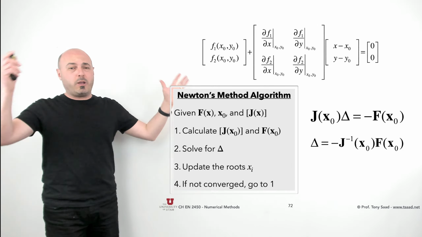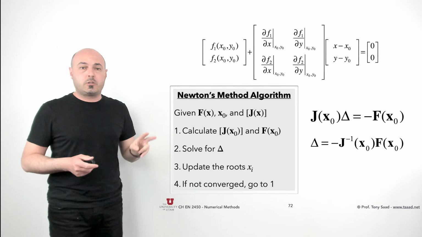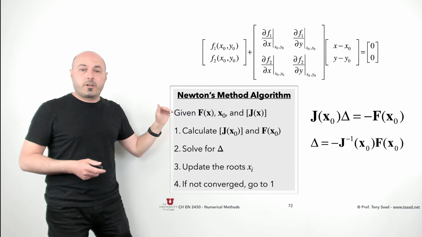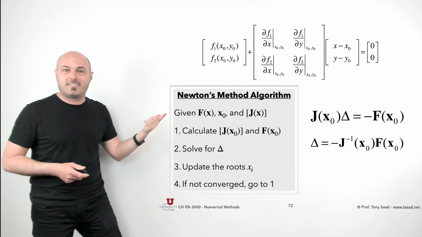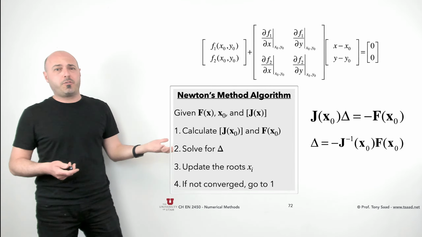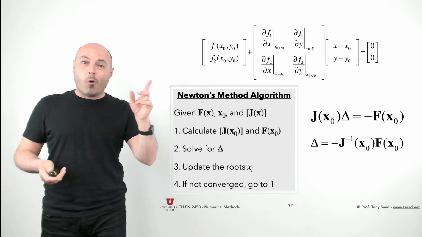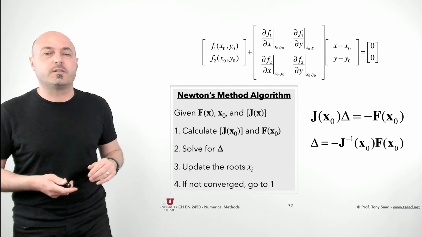We'll show you how we apply it to a general case, but just for this case where you have two unknowns and two equations, you are given f of x, you know the residual functions, you know your initial guesses, x0, and you can compute your Jacobian. Because if you know the residuals, you can do the derivatives, or you can do them numerically as well, right? Because we know how to do finite difference derivatives, okay?